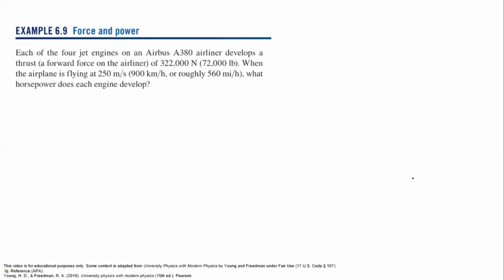Okay. Each of the four jet engines in an Airbus A380 airliner develops a thrust of around 3,000 Newton. When the airplane is flying at 250 kilometers per hour, how much horsepower does each engine develop? Okay. From the definition, the jet engine provides thrust.